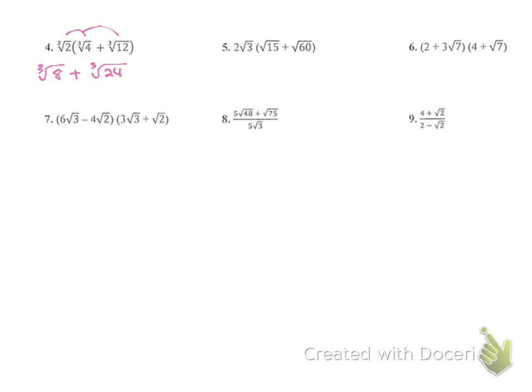So that'd be 2 plus cube root of 24. Prime factors, we can do 8 and 3. Like we just did. 8's a perfect cube, so it gives us 2 times the cube root of that 3 left inside the radical. Doesn't simplify any further. Cannot add them together because they don't have the same radical with the same number inside.